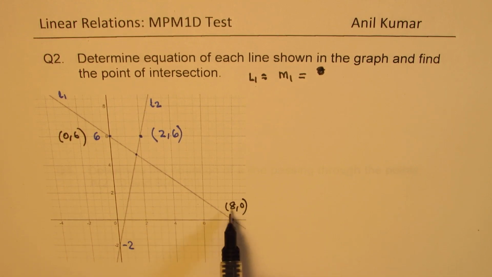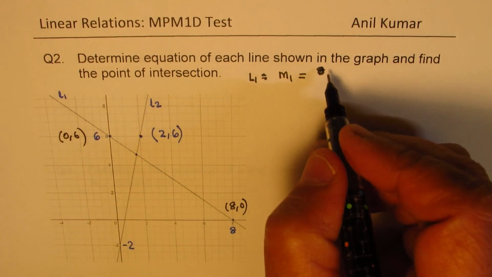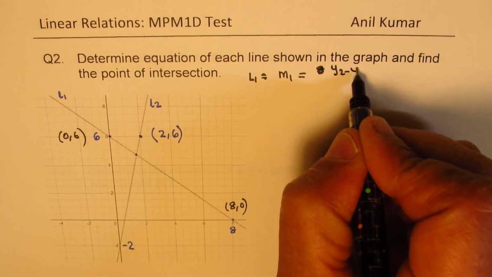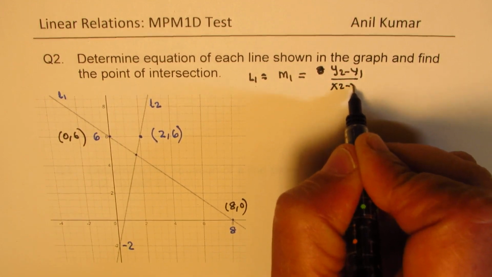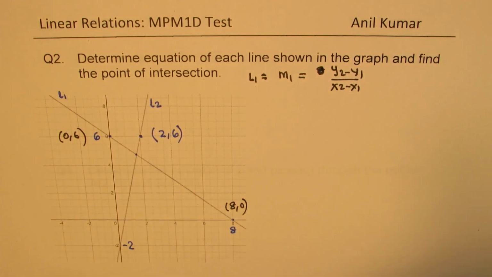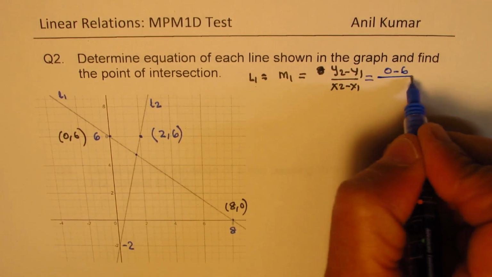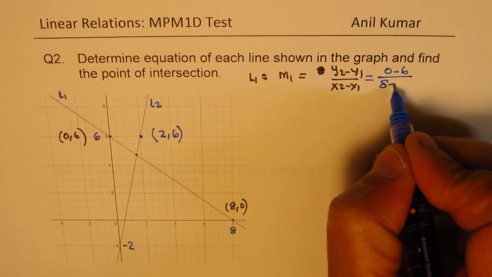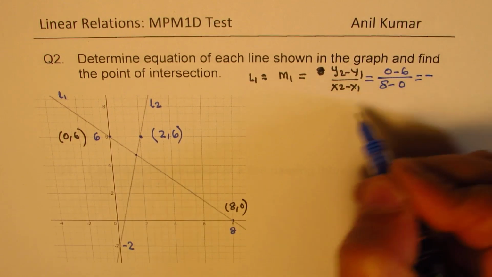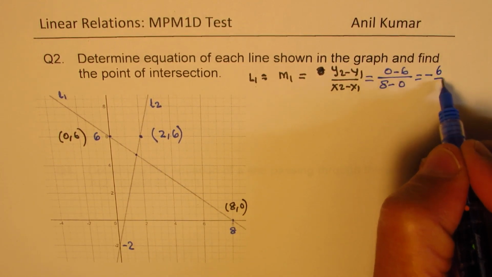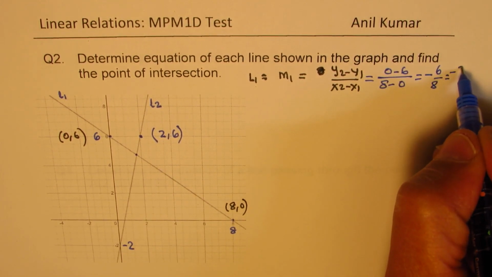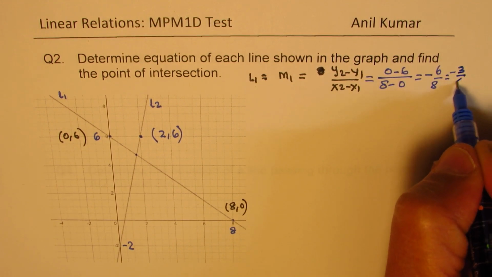So we can use this point first. So m will be y2 minus y1 over x2 minus x1. So we get the value as 0 minus 6 over 8 minus 0. So it is definitely negative 6 over 8, which could also be written as negative 3 over 4.